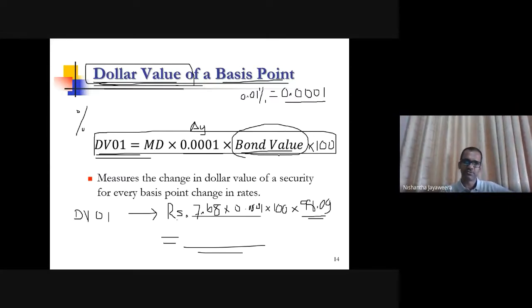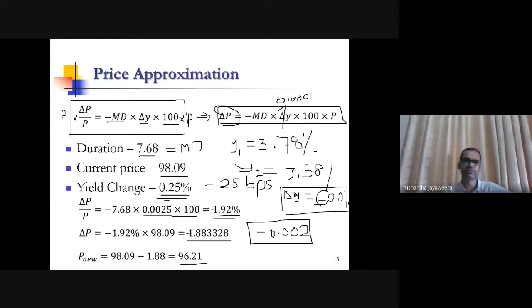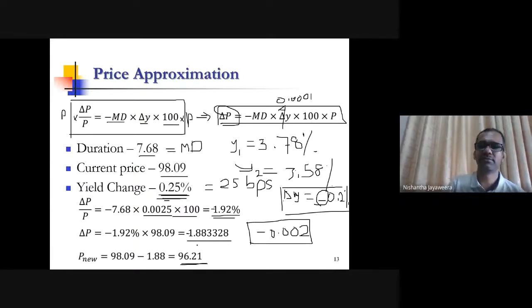So whenever you use this equation, you have to be very careful about what things you use. Basically, for 25 basis points, it's 1.88. So 1.88 divided by 25, you should get the answer.